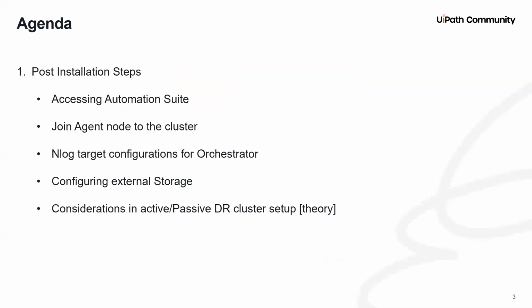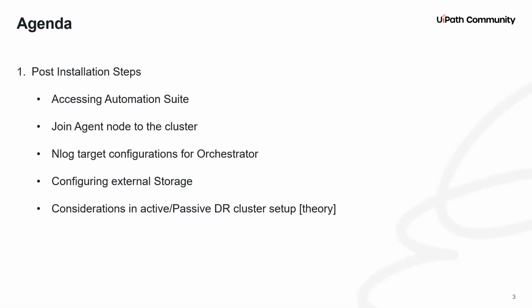Thanks, Pawan, for the introduction. All right. So today's agenda is mainly post installation steps. Many of you might already know that last time Pawan has shown us the detailed steps to install the automation suite, and the installation was already done. Once the installation is done, which are the various steps that we can perform?